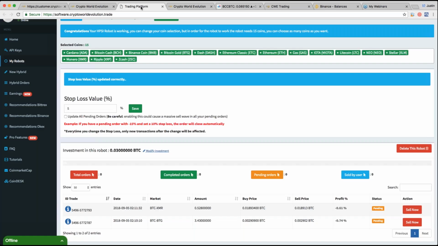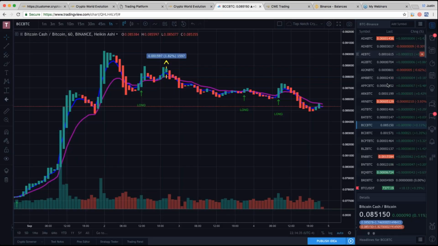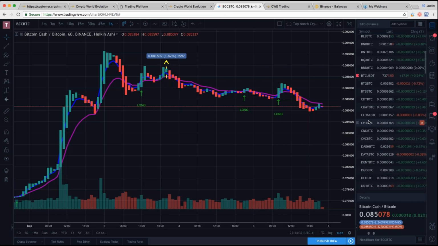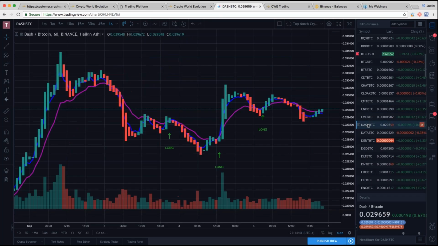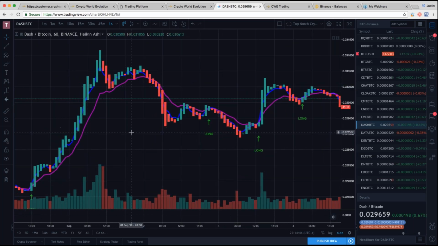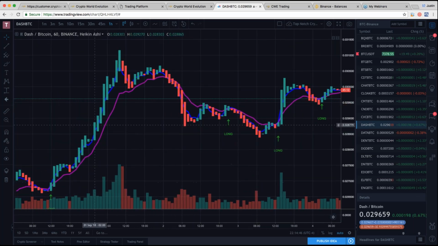Let me go here to the next one. I'm not going to go through them all, but just give you an idea. Let's go to Dash. All right, Dash is, I think Dash is cranking right now. Dash, look at Dash. Dash is on fire right now. Look at the volume. You can see here's that big breakout, that same thing ADA had, the same thing Bitcoin Cash had. Now Dash has that.